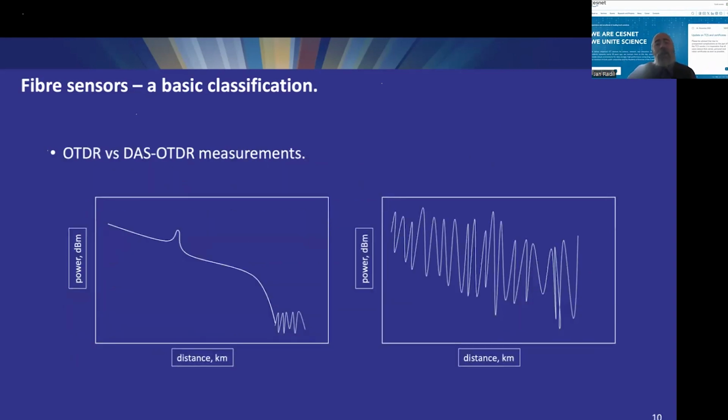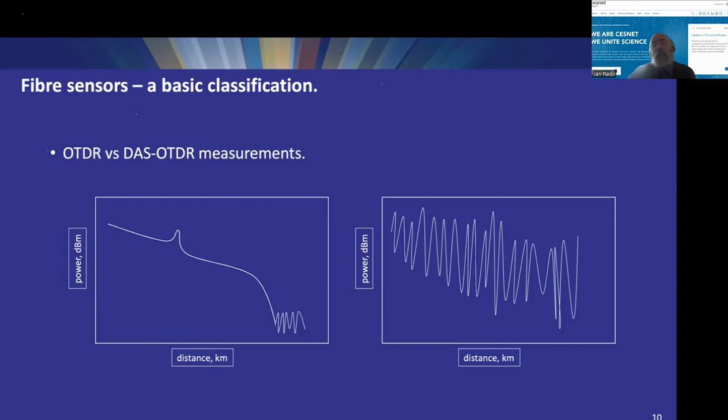Here is just an OTDR measurement. On the left-hand side, we have distance and power. So we can basically check whether our fiber is okay, because less and less photons are coming back to our detector. So this curve goes down in this direction, and on this, there is just some noise.